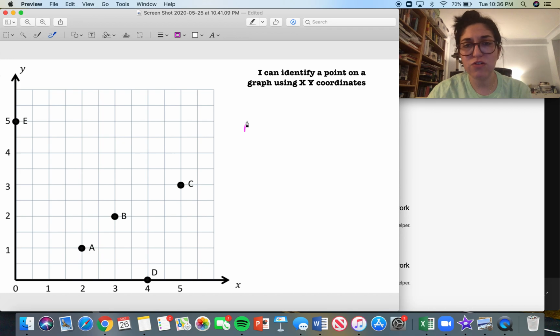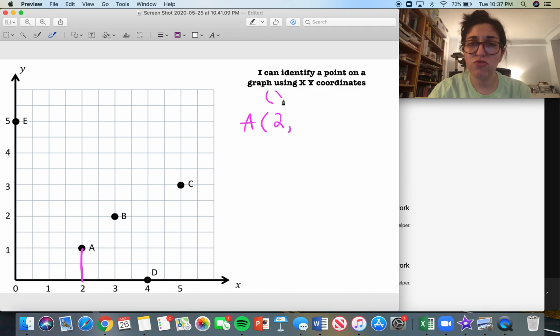If I were to ask you to find coordinate A, well, let's look. On the x coordinate this way, it's here. I can draw it up here. It's at exactly 2. And so I'm going to open my parentheses and say it's at 2, because when we're graphing, we show our coordinates like this: x, y.